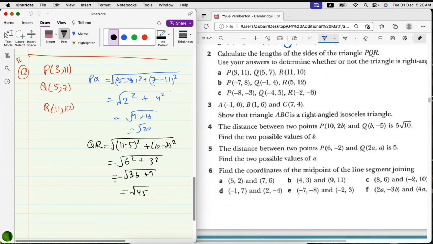And then the third one is PR: x2 minus x1 whole square plus y2 minus y1 whole square root. 8 square, 1 square.